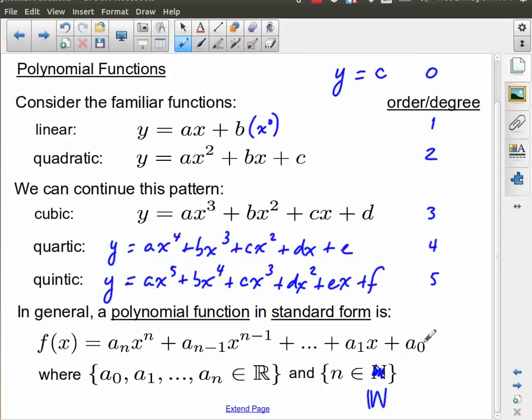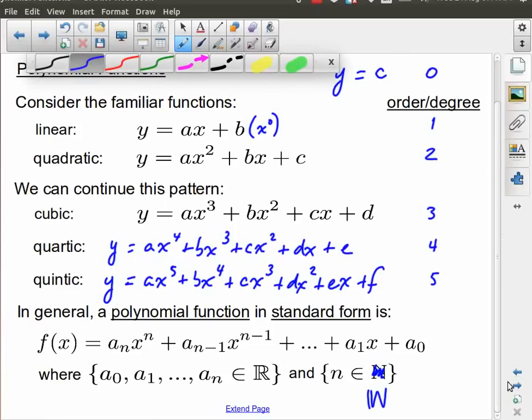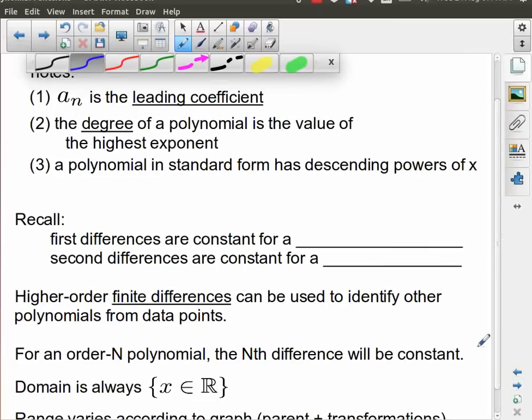Simply because you could argue that the exponent here is essentially x to the 0, and obviously this index is 0, which wouldn't be in the natural numbers. Now, you're not going to have to be able to reproduce this definition. It's more important that you understand it. So please forgive that small modification I just made there.